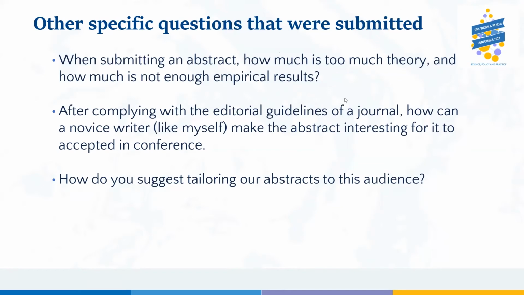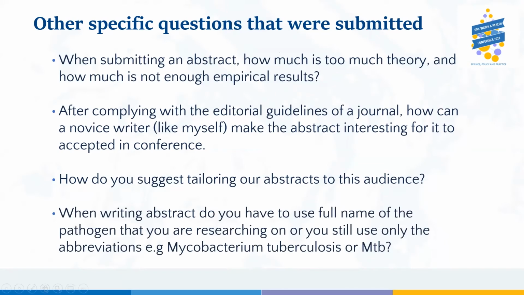Okay, so the next question was, when writing abstracts, do you have to use the full name of the pathogen that you're researching, or can you only use abbreviations? In general, I think the rule of thumb is you can put in the full name, but it's also generally accepted to just use the first initial, like M. tuberculosis, and then put MTB in parentheses and use MTB for the rest of it.